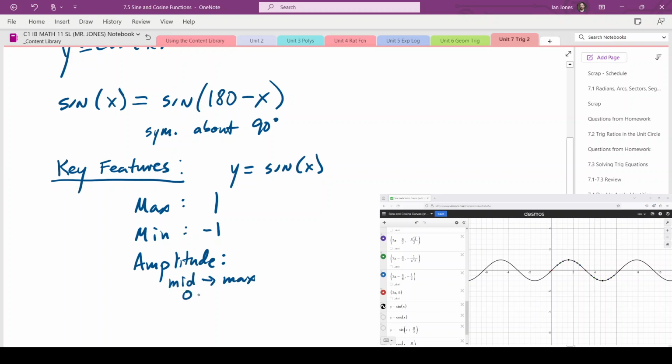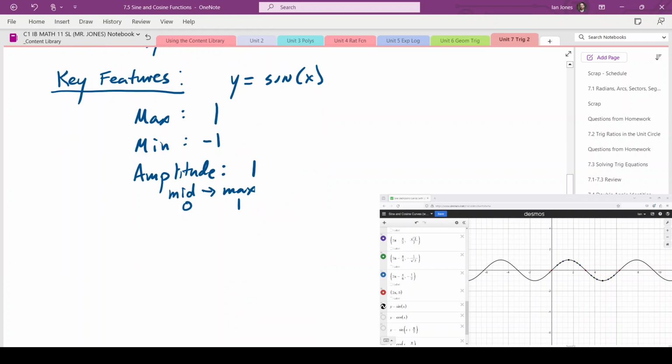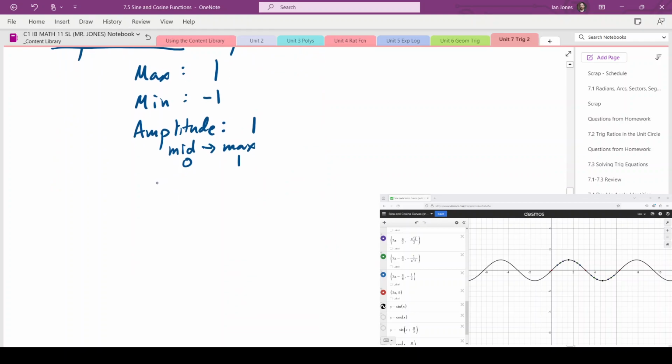The mid is 0, the max is 1, so our amplitude is 1. There's actually a formula that you can use for amplitude. You can also say that we're going to take the max, subtract off the min, and divide by 2. In this case we'd have 1 minus -1 over 2, which is 2 over 2, which is 1. So our amplitude is 1.